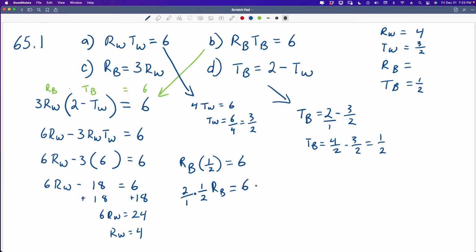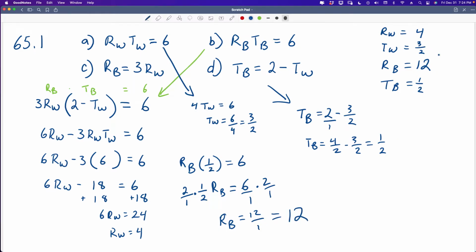Right? So times 2 over 1. We put this over 1. So 2 times 1 is 2. 1 times 2 is 2. 2 over 2 is going to be the invisible 1. So RB is equal to 12 over 1, which is just 12. So RB is equal to 12. And that is the final solution.